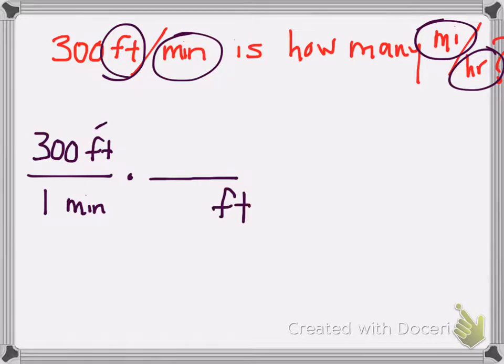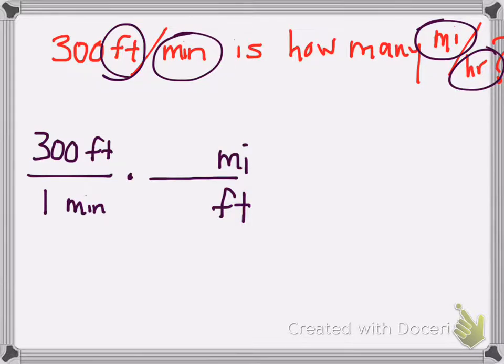This one is on top, so I put mine on the bottom. The reason why is feet divided by feet is 1. They cancel out, and I'm going to change the feet into miles.